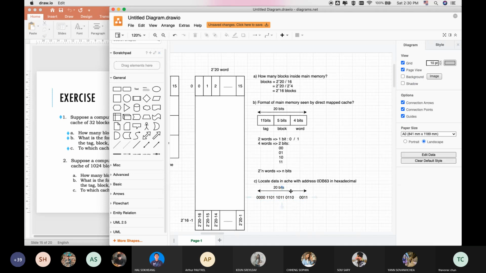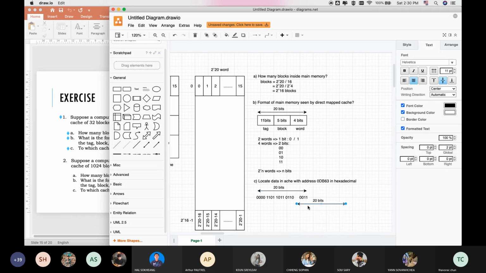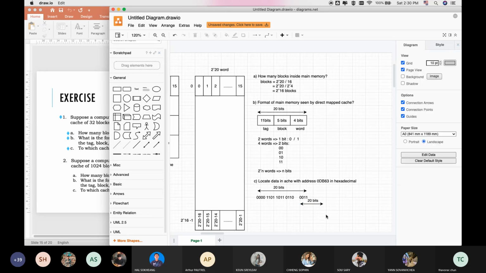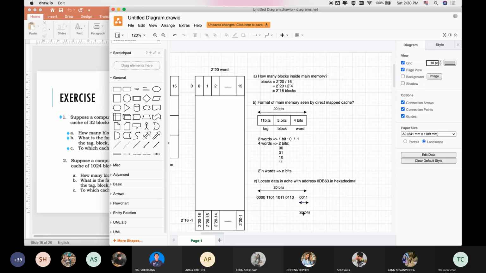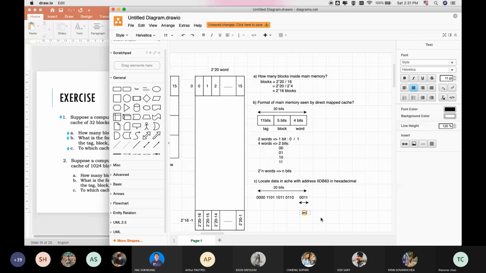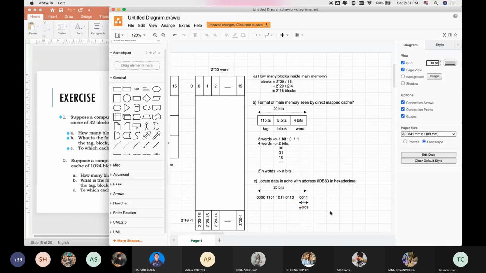These 4 bits are the word section. It represents the address of the word inside one block, because the block has 16 words, remember?